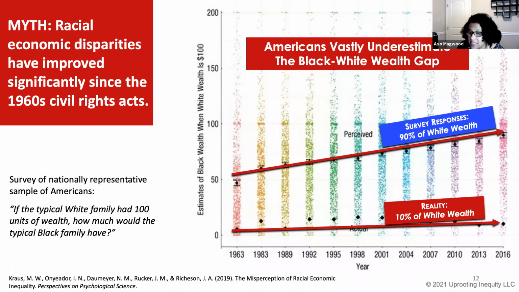Most Americans vastly underestimate the Black-white wealth gap, but they also vastly overestimate the amount of racial progress since the 1960s. There's this huge myth that the Civil Rights Act ended racism, that we're now in a post-racial society. So there's a very strong desire to see our history as good and racial inequity as a thing of the past.